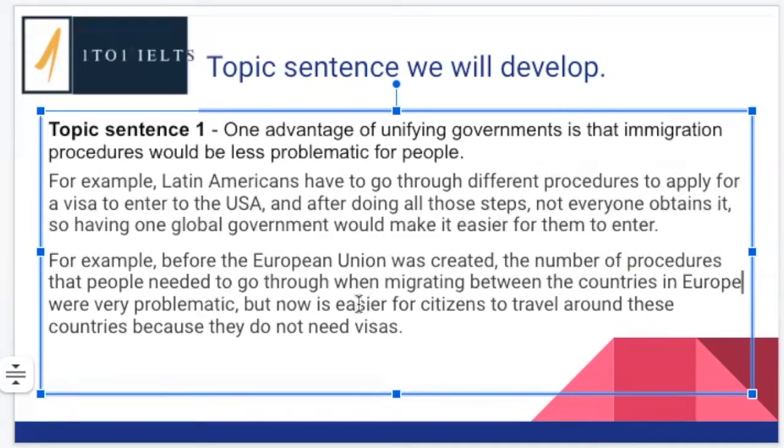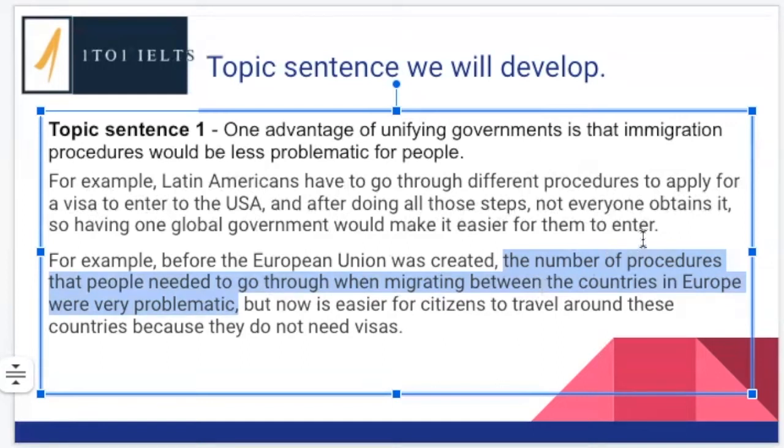So what is our subject? What is problematic if we're looking at this grammatically? What is very problematic referring to? Aha, Mary, good. The number of procedures.